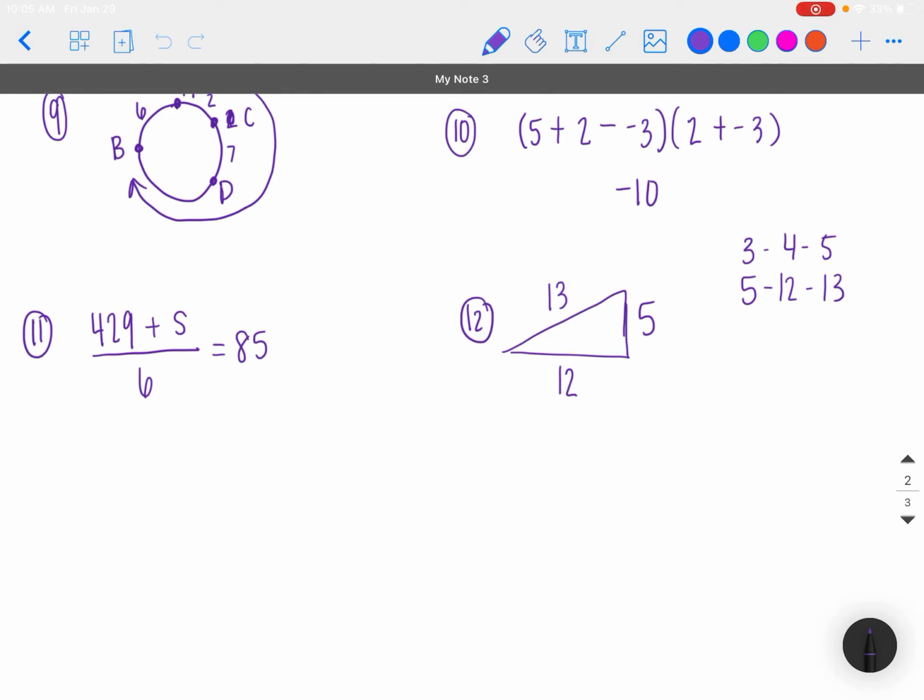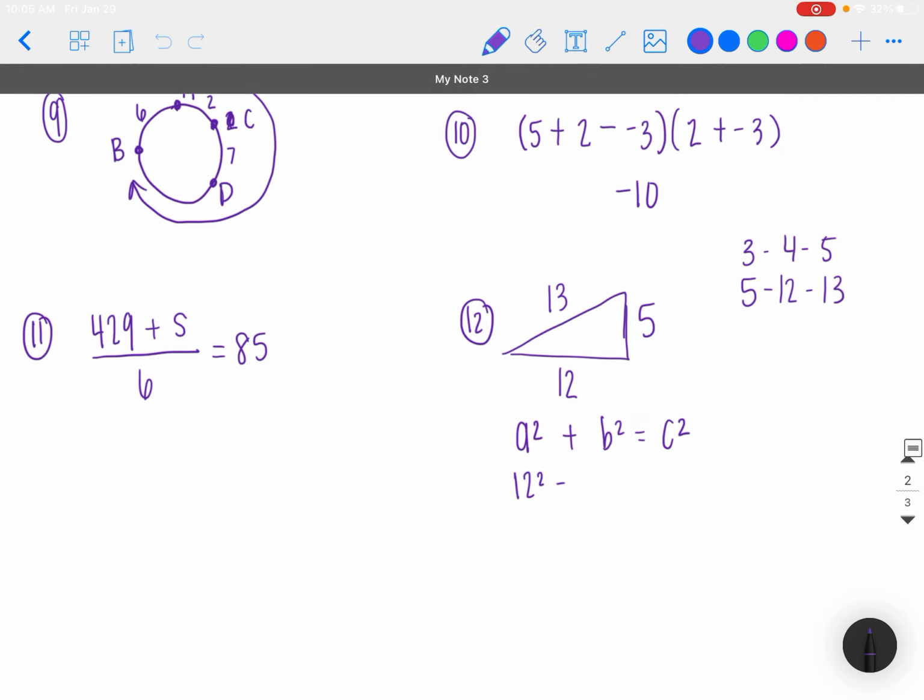But if I saw 12 and 13 and my mind said Pythagorean triple, the other side is 5. If you didn't know that, you could do a squared plus b squared equals c squared. So like 12 squared plus b squared equals 13 squared, and you could solve that down to get b equals 5.